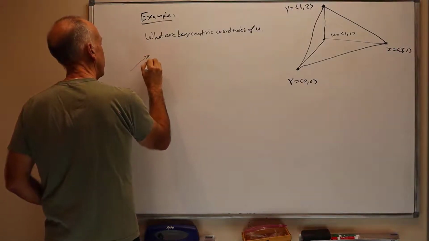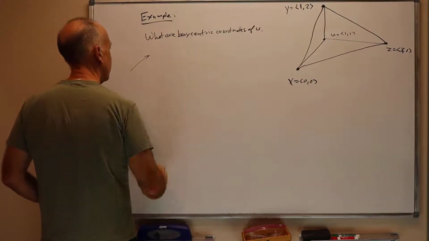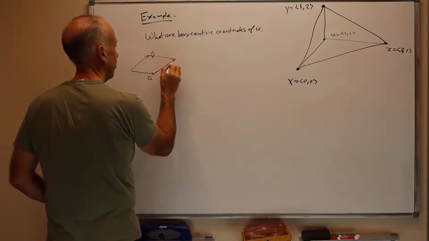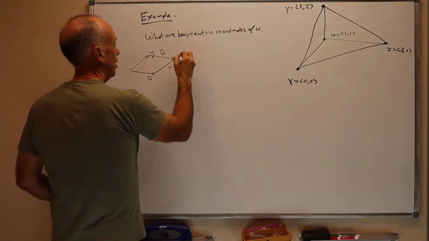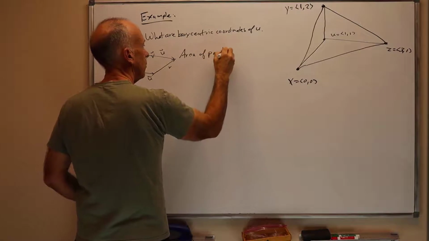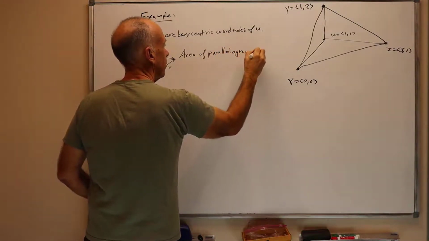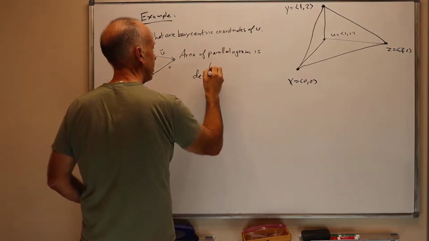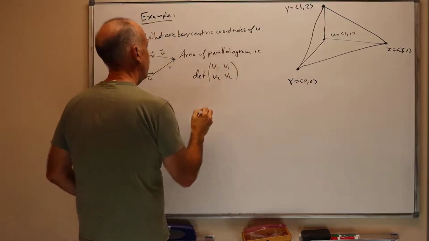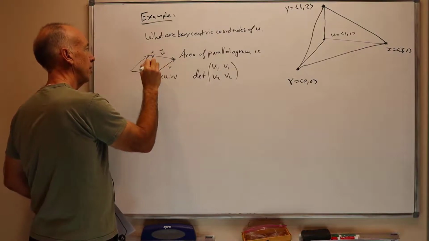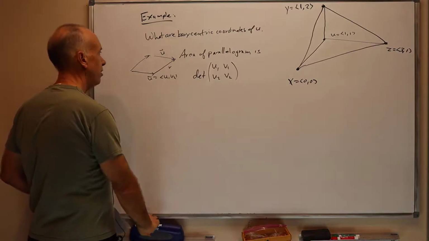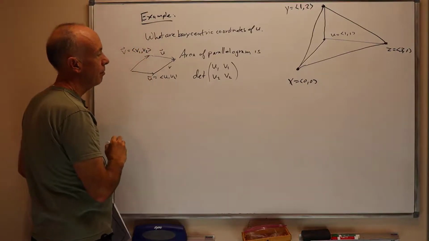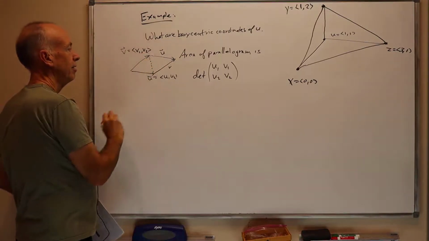If I have two vectors, U and V, and I take the parallelogram that has U and V as sides, think of this as another copy of V, this as another copy of U, the area of the parallelogram is the determinant of the matrix U1, U2, V1, V2, where U is the vector with components U1 and U2, and V is the vector with components V1 and V2.